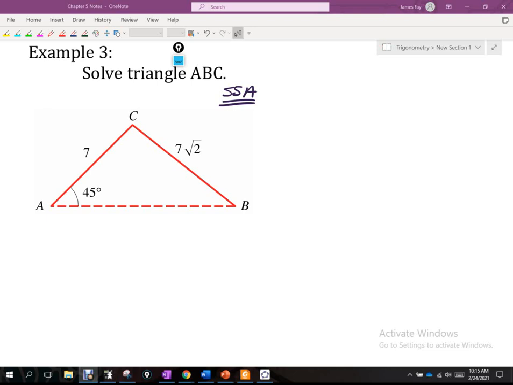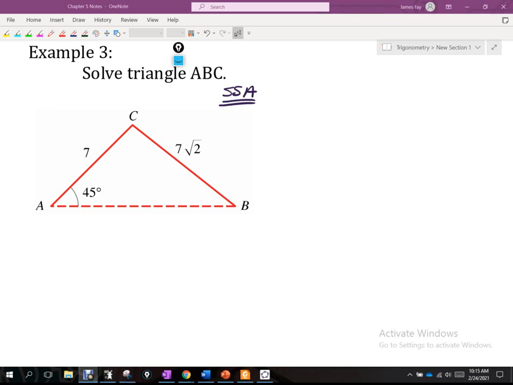If you have 0 solutions, your calculator will tell you undefined the initial time that you type something in, and we'll see an example of that towards the end.